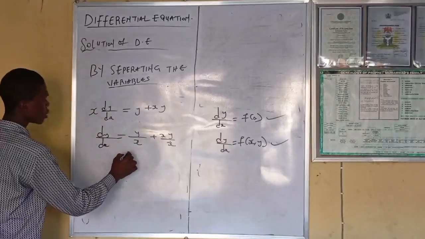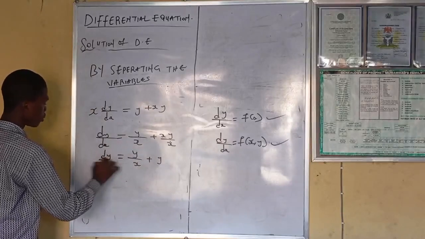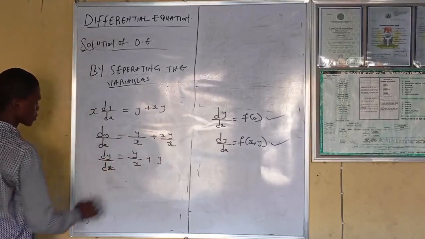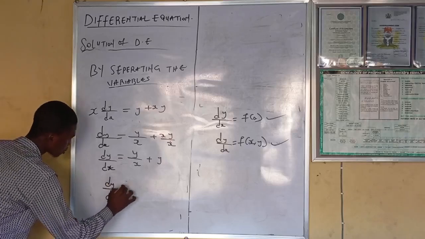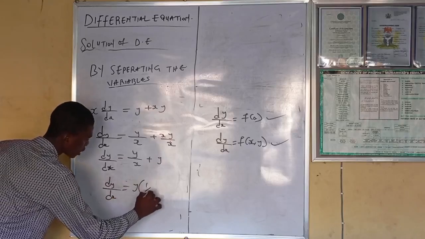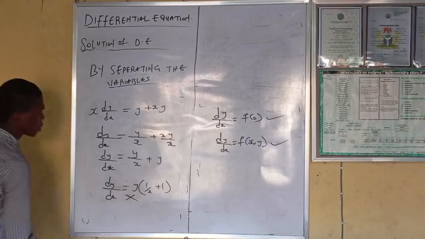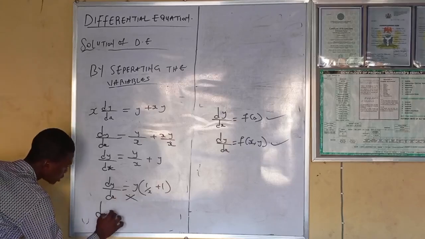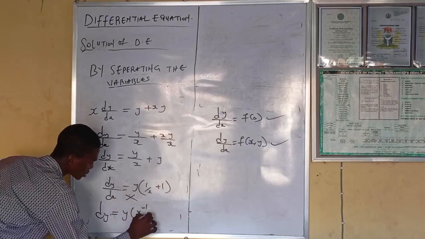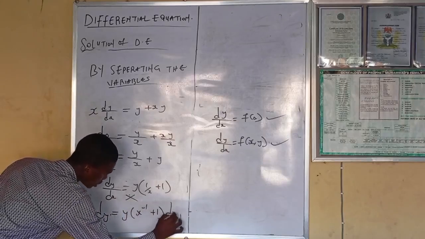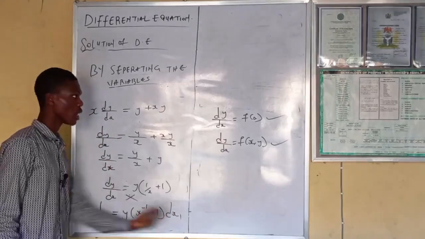Then from here, you have dy over dx equals y open bracket 1 over x plus 1, multiply dy equals y open bracket 1 over x, which can be written as x inverse, plus 1, dx.